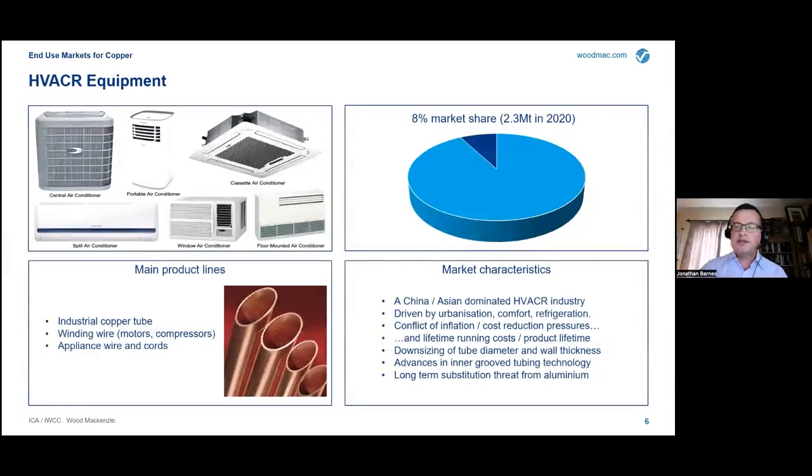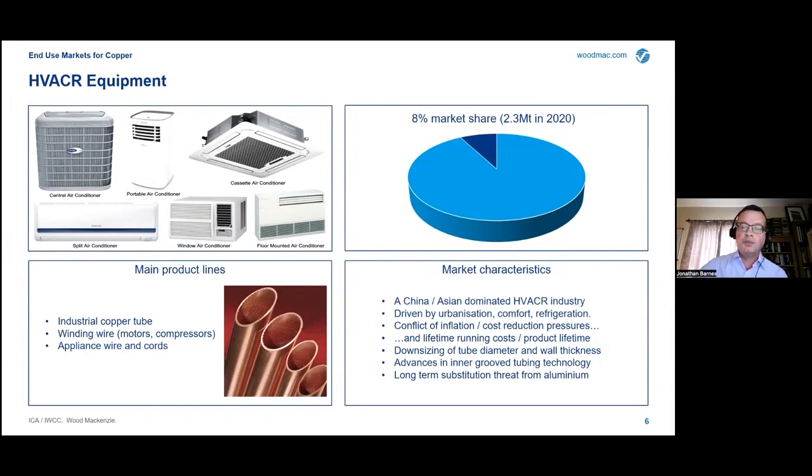Copper, yes, it is under pressure from higher prices, but copper does and has continued to improve its offering in this market. One of the main ways it's been able to achieve this is by the downsizing of tube diameters and wall thicknesses.